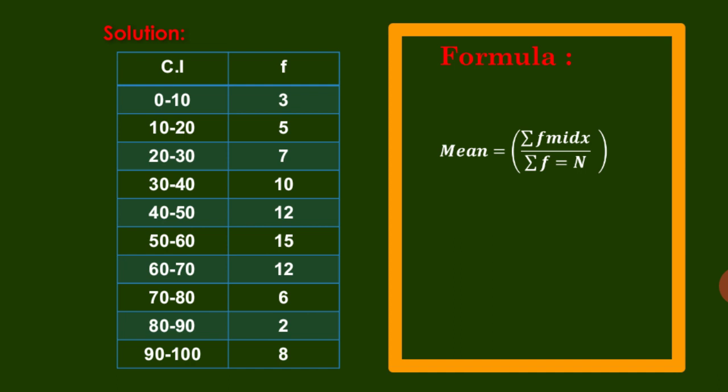First we sum all the frequency values and substitute the total for N. Next we calculate our numerator, f into mid x. We calculate the mid value from the class interval and then multiply it with the frequency. Finally we substitute these two values in our mean formula and we get our mean value.